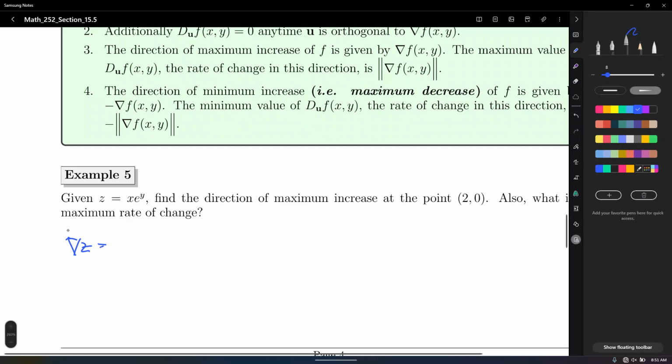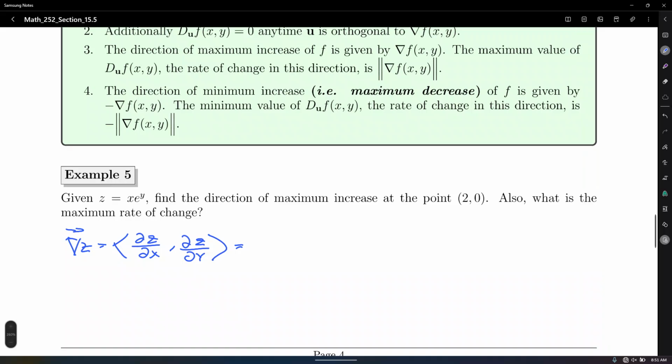That equals the partial of z with respect to x, comma, the partial of z with respect to y. The partial derivative with respect to x is 1 times the constant e to the y, that is e to the y, comma, the partial derivative with respect to y, that's e to the y times its constant multiple x, that is x e to the y.